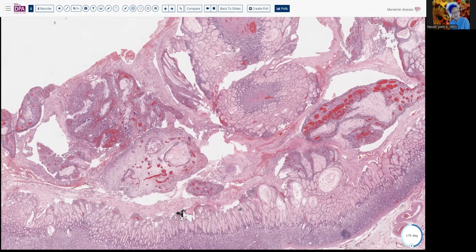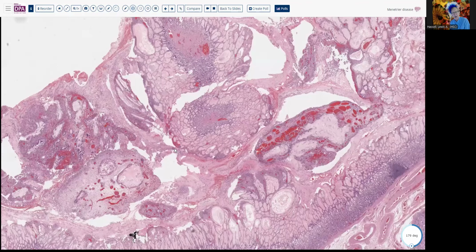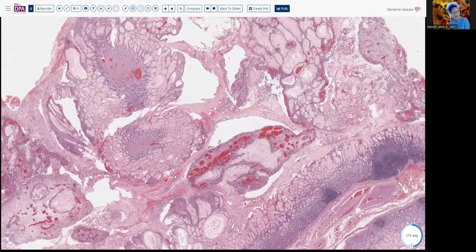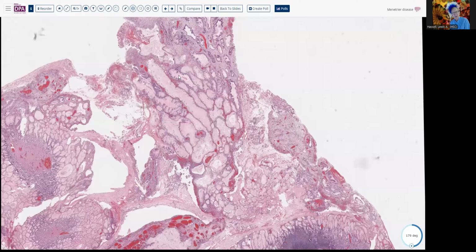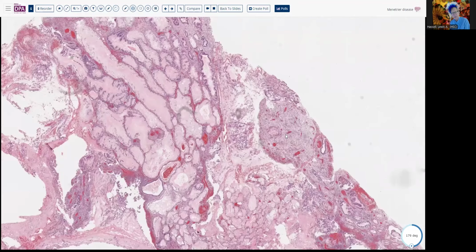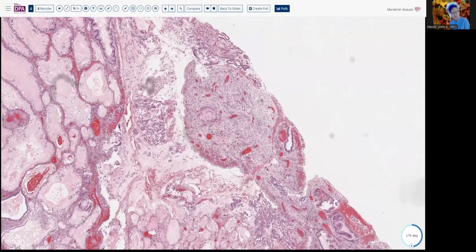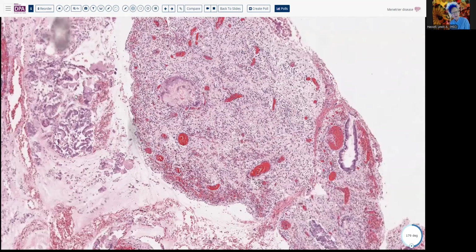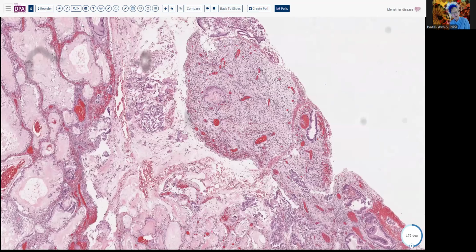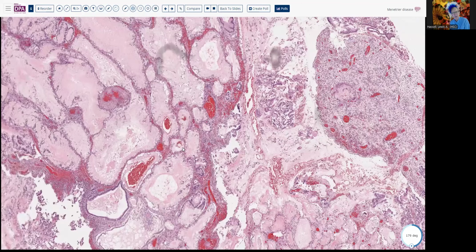And then we have these sort of secondary changes with some altered architecture, very pronounced dilated areas of glandular tissue, and then even some areas of maybe ulceration or dense inflammation associated with edema and some granulation type tissue. Looking a little bit further, we can see that there'll be areas where, let's see if I could find it here.